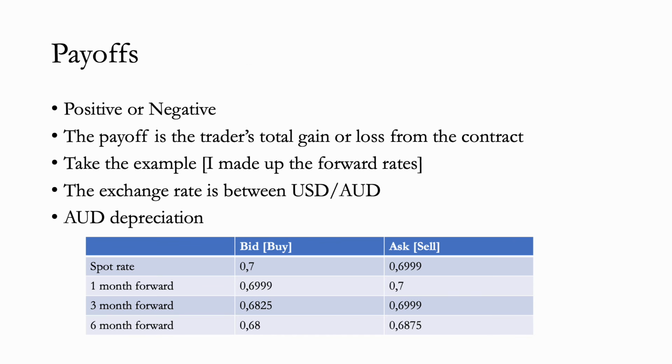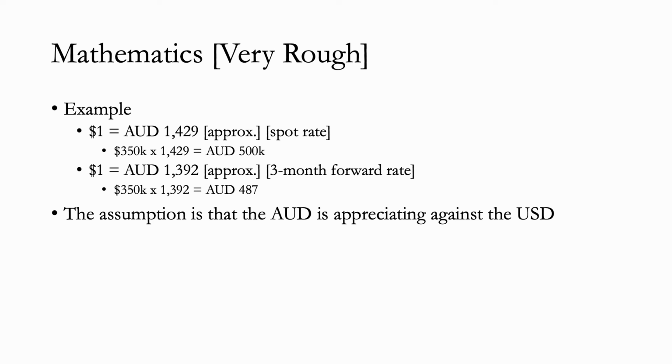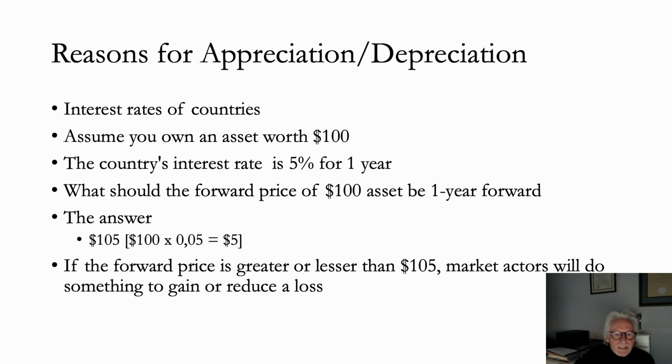Now we come to the more interesting part, and I'm not going to discuss it in this presentation. I have a couple of slides on it, but what do we really want to know? All right, we can see the forward contract. We buy it on the OTC market. We're going to book it through a bank.